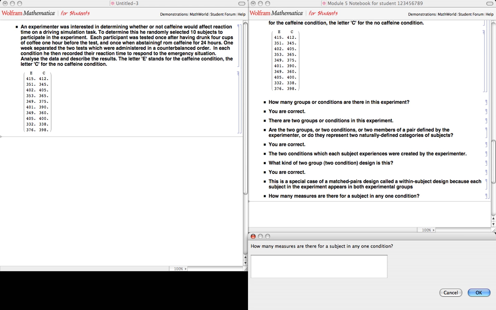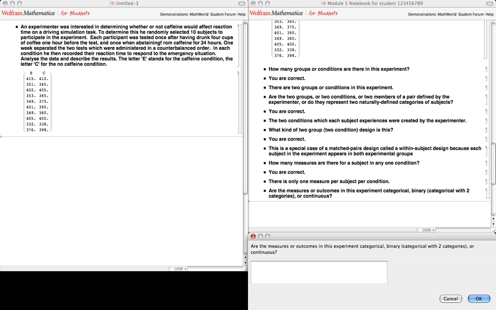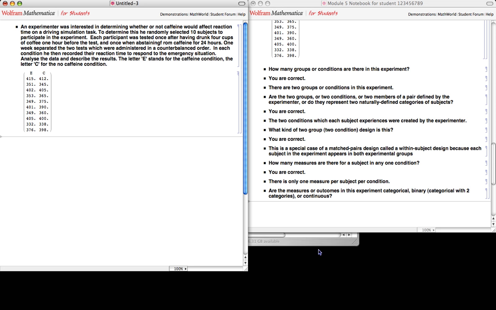Okay, how many measures are there for a subject in any one condition? There's a single measurement per subject per condition. Are the measures or outcomes in this experiment categorical, binary, or continuous? Reaction times can take on any value between a theoretical minimum and maximum, so the measurements are continuous.